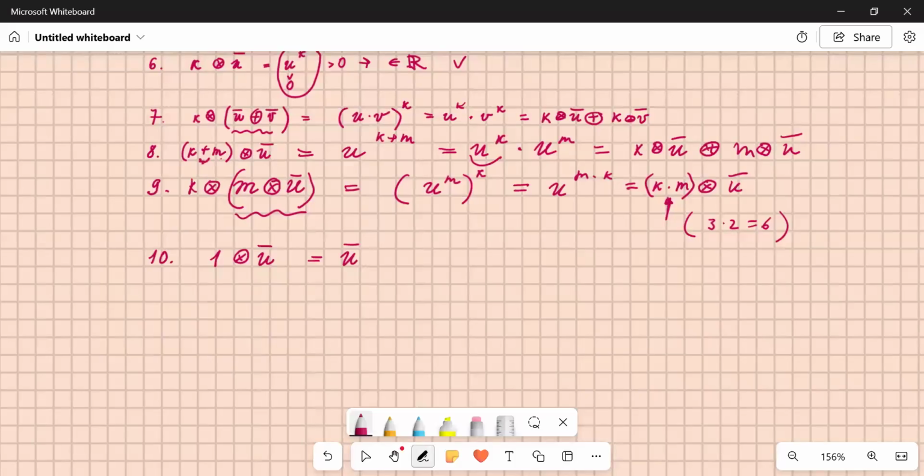Well, let's check if it's going to actually work. I don't think that we need to invent anything here. So this multiplication means that 1 scalar multiplication by u is u to the power of 1. Well, we know that any positive number to the power of 1 is the number itself. So checks. So we checked all 10 axioms.